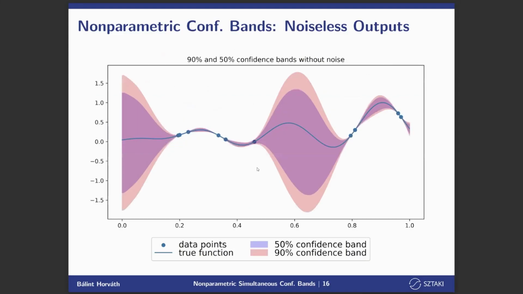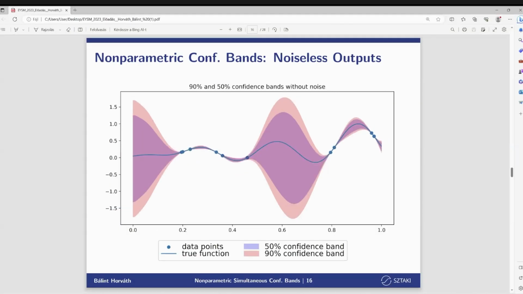But probably this is more informative. This is like 10 inputs, which is a pretty small number when one thinks about data. But the main explanation is that if there are no inputs or no information in a bigger interval, then it becomes quite uncertain about those constraints.